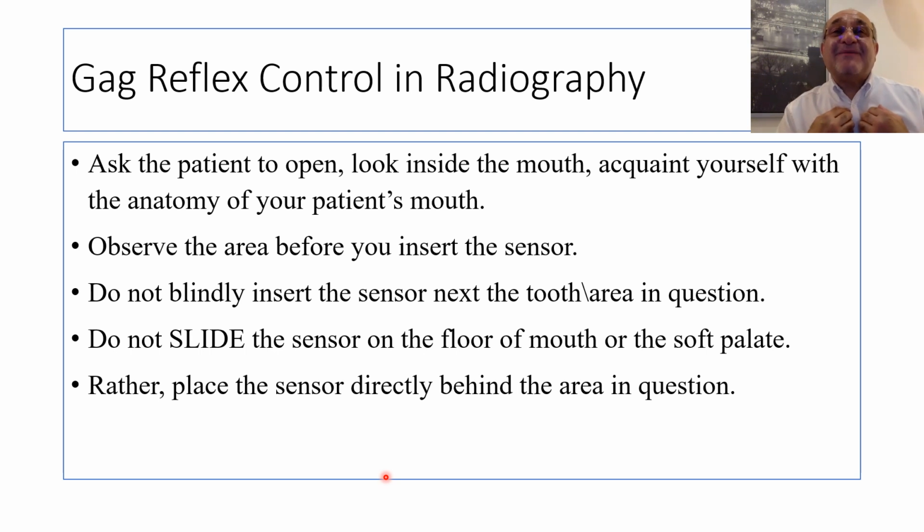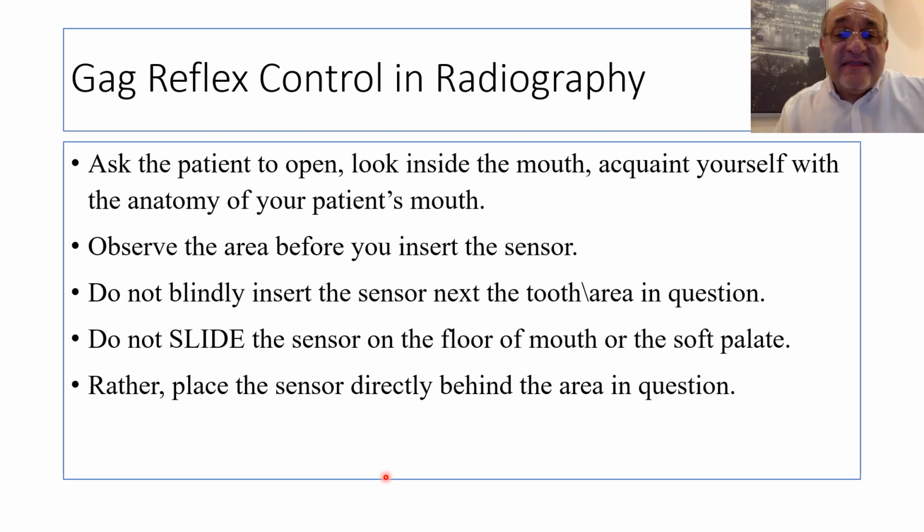Actually, we do it sometimes ourselves. When we try to vomit, we touch either the posterior third of the tongue or the soft palate. This will naturally initiate the gagging and then the vomiting, so that we expel what is inside the stomach. So sliding or pressure on these areas will initiate gagging.